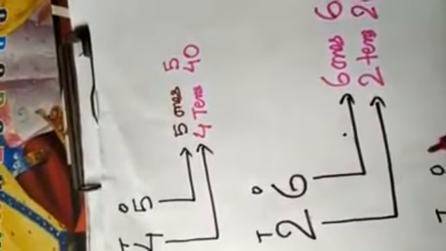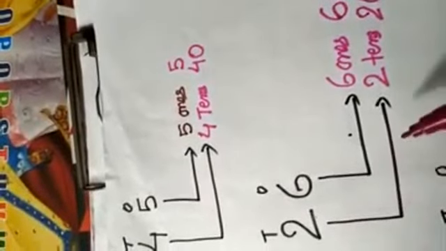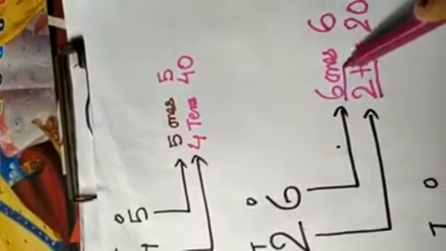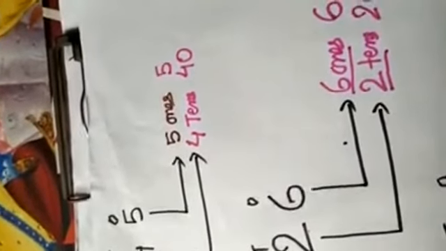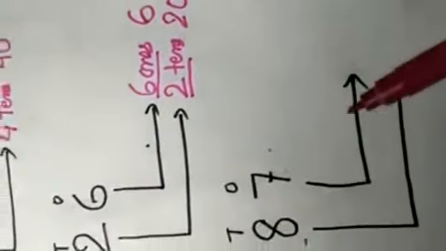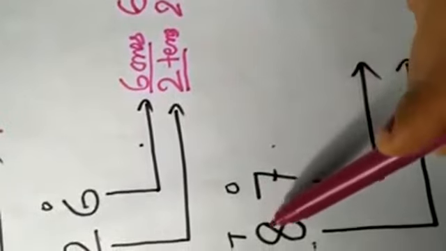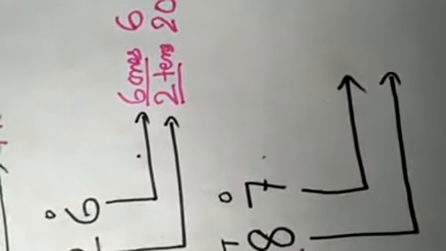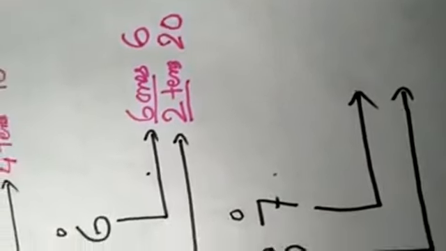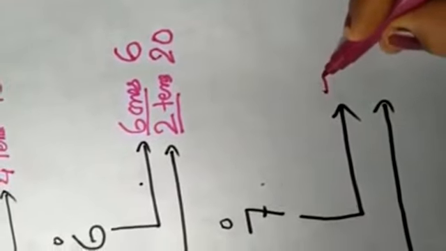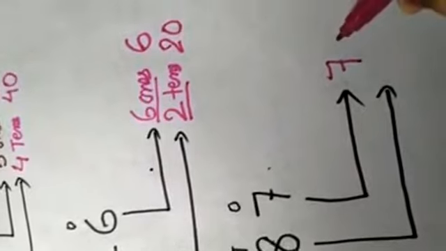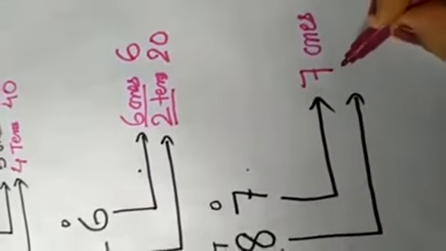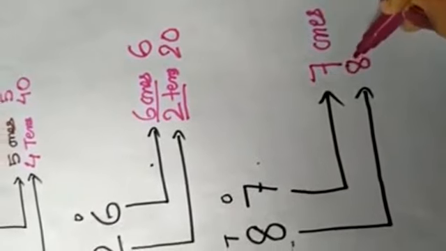If I ask what is the place value of 2, the 2 is at tens place and 6 is at ones place. Okay children. Again, 87. 7 is at ones place and 8 is at tens place.